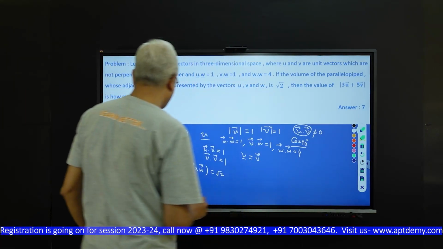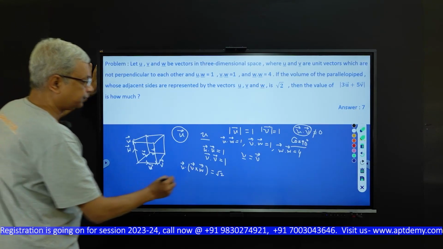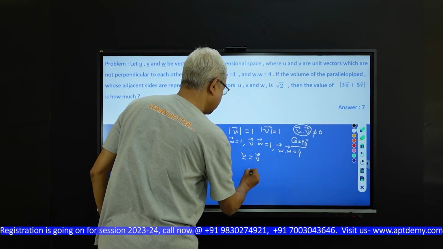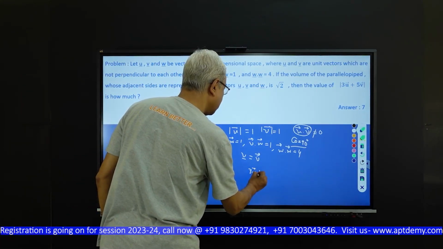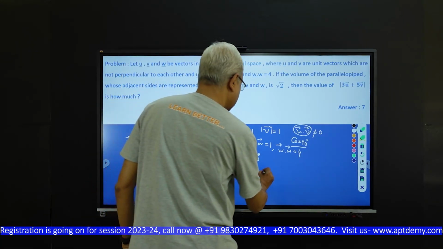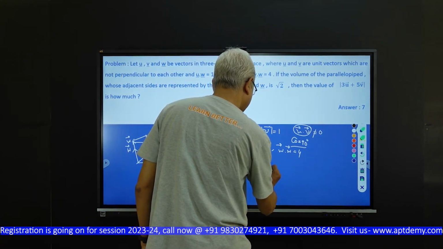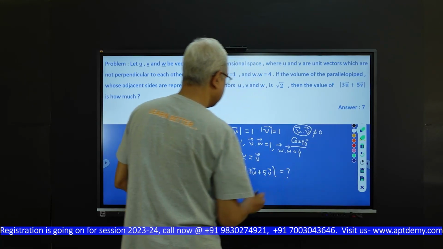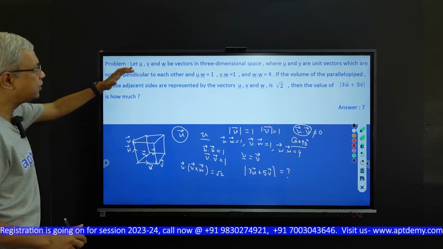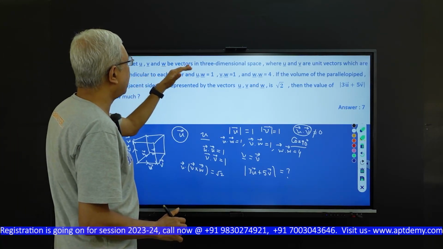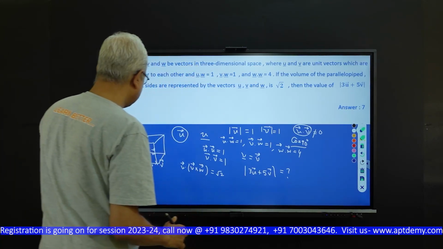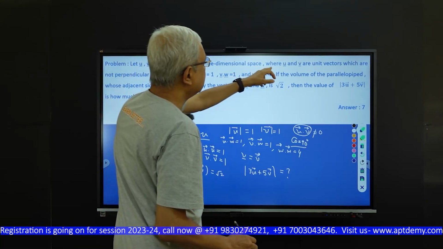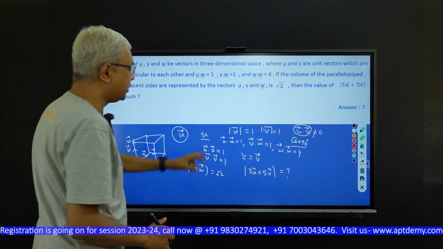Then we have to find the value of the modulus of the vector 3u plus 5v. How much is this? That is the question. So u, v and w are three vectors in 3 dimensions, where u and v are unit vectors.